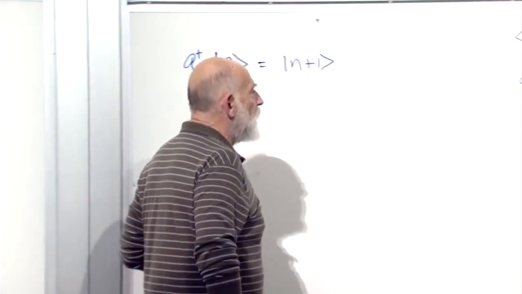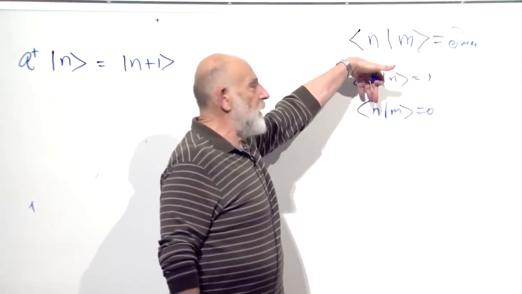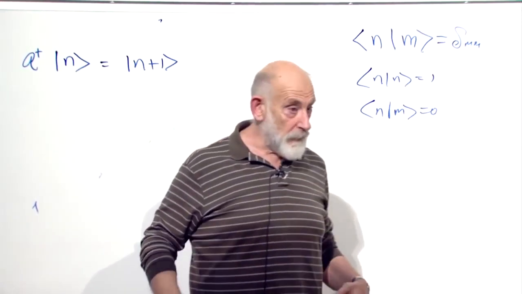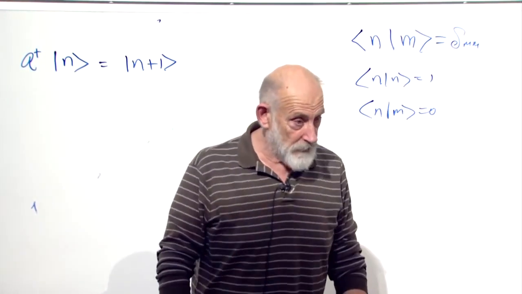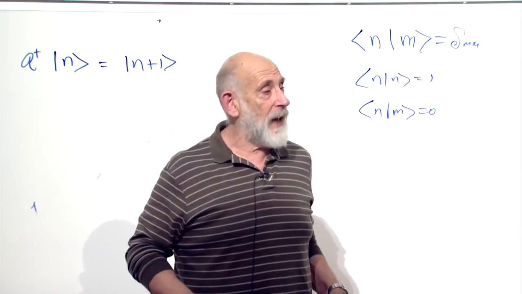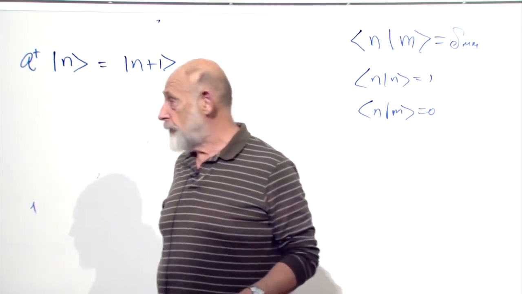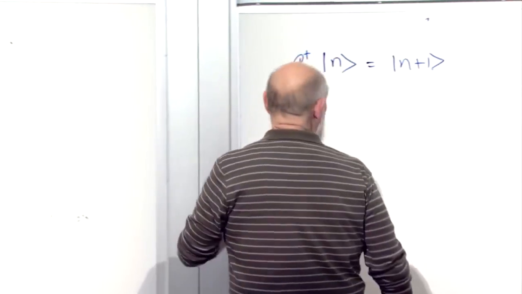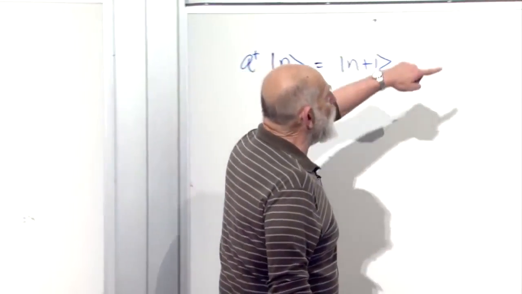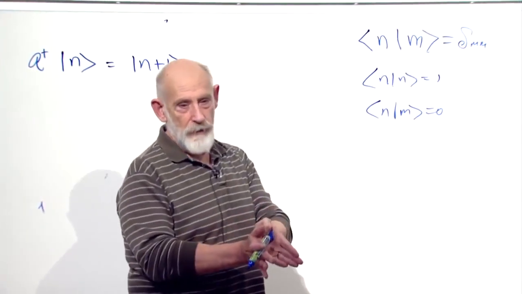They're orthogonal. For n equal to m, we normally would take them to be normalized states. That's standard quantum mechanical procedure. In other words, each one of these states is of unit length.